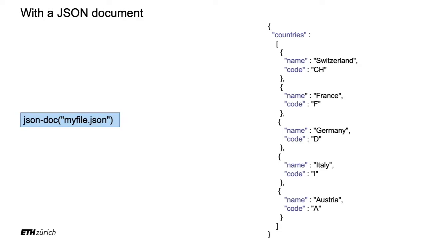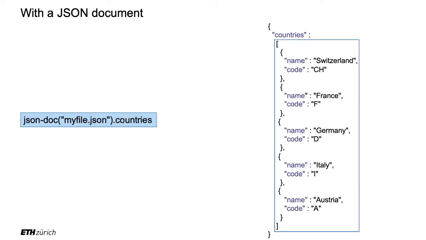Imagine that I took the example of a JSON document. It's not JSON Lines here. It's really a single small JSON document file with a single JSON object in there. This is what json-doc does. And json-doc returns a sequence of items, always a sequence of items. But in that case, it's a sequence of one object. That is what you see on the right.